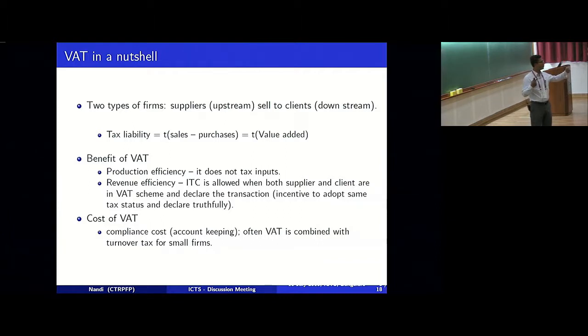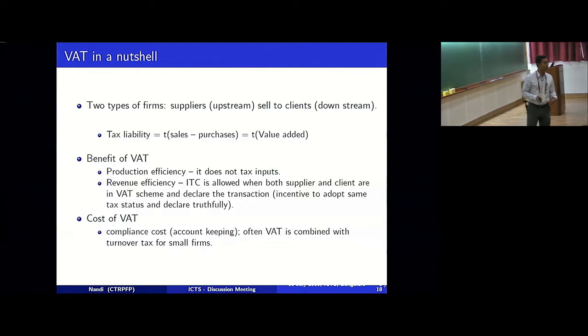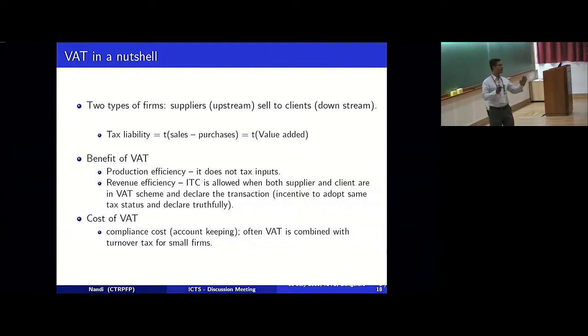So it is reported by the buyer, it is reported by the seller, and that can be verified by a third party, we call the tax authority. Okay, so it requires a lot of account keeping. Actually, you have to keep record of every transaction you make. Now, this constitutes the compliance cost, which can be quite high for small firms. So often VAT is combined with a simplified tax instrument, which we call the turnover tax. What is that? I will explain that in the next slide.